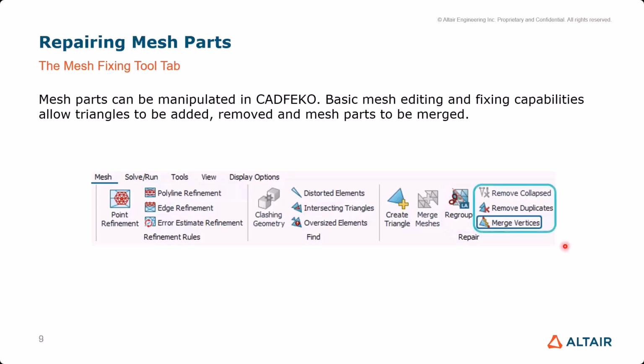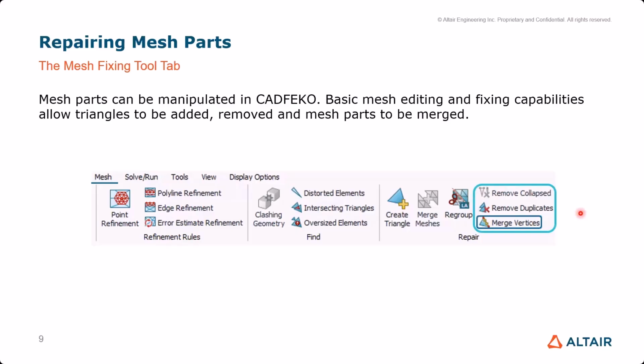The last three functionalities are quite helpful. The first one helps you remove collapsed mesh elements, which means that it removes all elements that have degenerated or that are, for instance, a bit deformed, with more than one vertex coinciding and so on. The second one is the remove duplicates option.